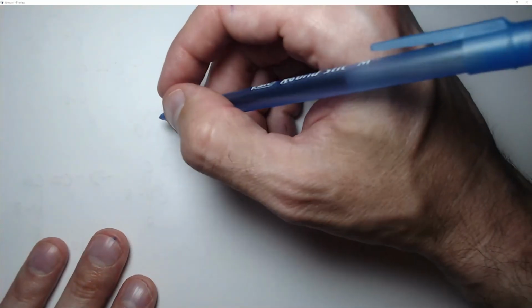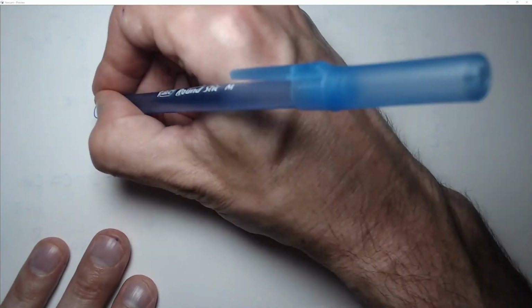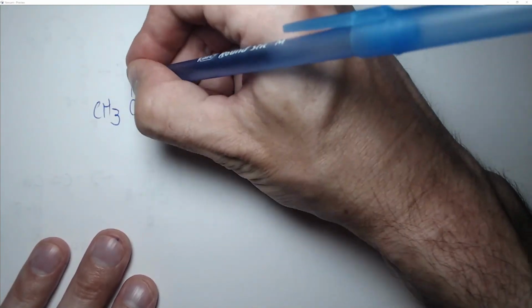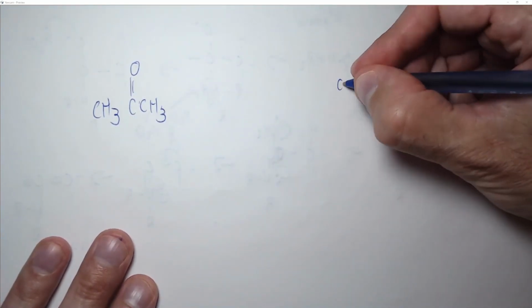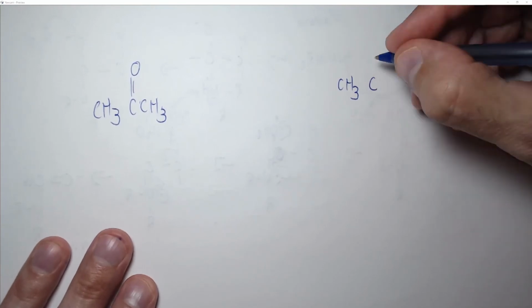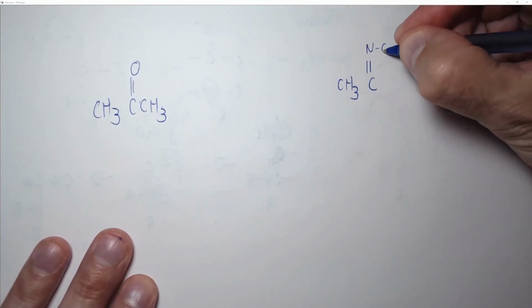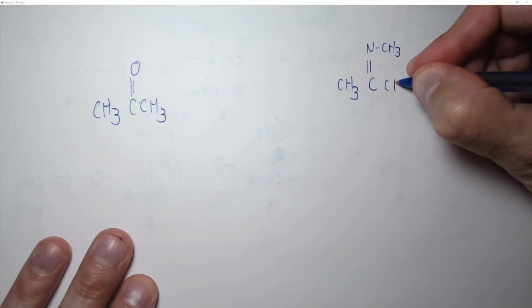Let's look at two examples of this molecule. So in this case, we are going to turn this molecule, CH3, C double bond O, bonded to CH3, acetone, and we want to make two different things. We want to make CH3, C double bond N, CH3, CH3.